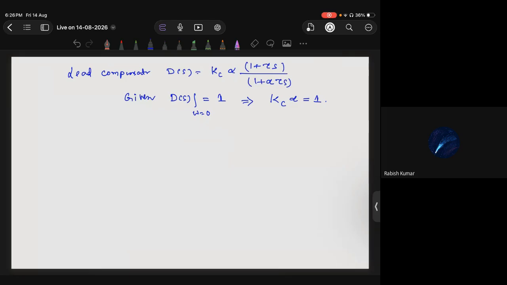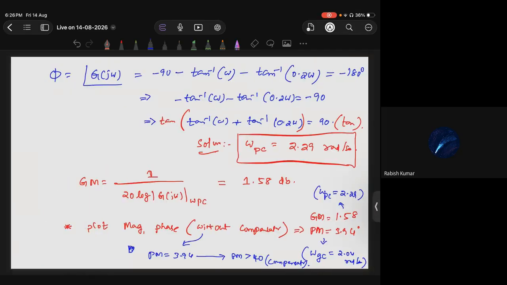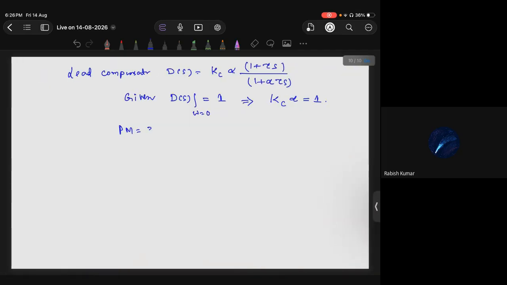So the phase margin we have is 3.94, and the required phase margin is 40 degrees minimum. So we need at least an additional 36 degrees.